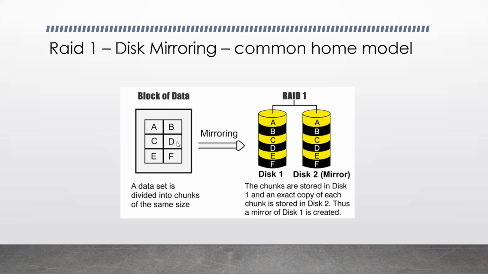Of course, now, let's say you have two 1 terabyte drives. You stick them in there, you still only have 1 terabyte. You don't have 2 terabytes because each one's copied straight over. So you're not gaining a massive amount of storage.